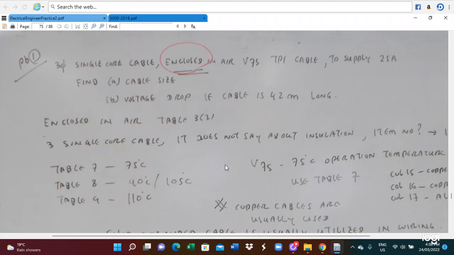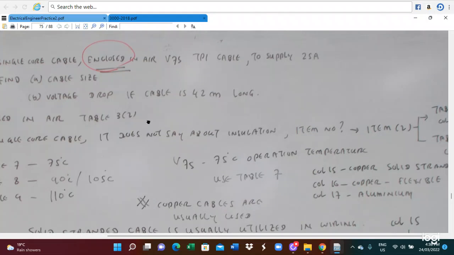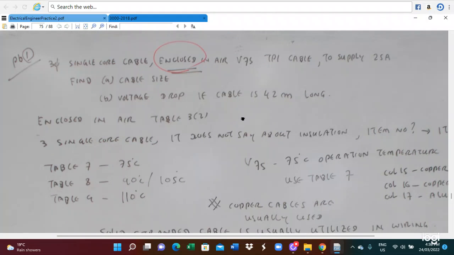In this case, enclosed in air means we have to refer to table 3-2. For three single core cables, it does not say anything about the insulation, so we have to refer to AS 3008.